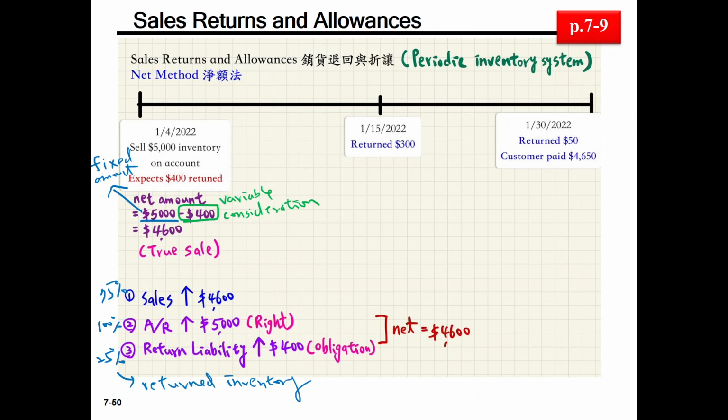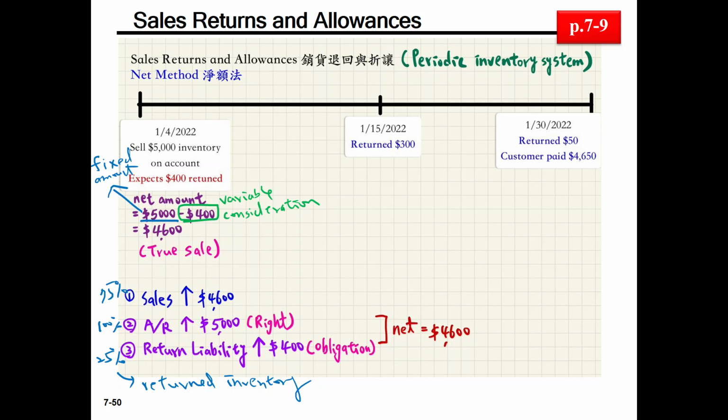Okay, so did you find out? When we think net amount, true sales is $4,600. Accounts receivable is your right, your asset, right? Return liability is your liability, your obligation. So when we want to get the net amount of these two, did you find out?